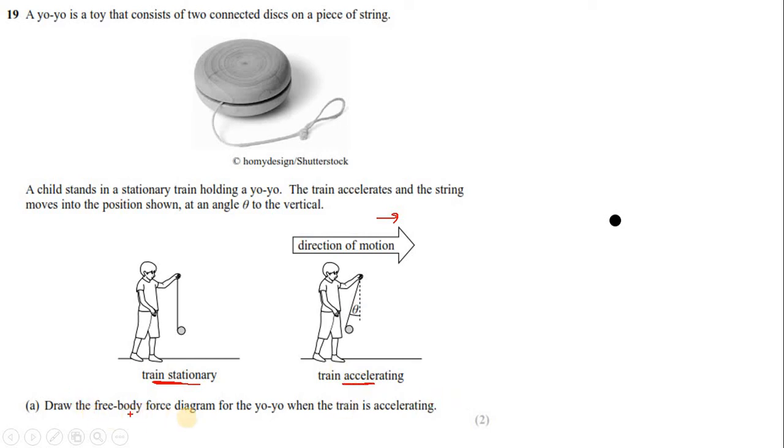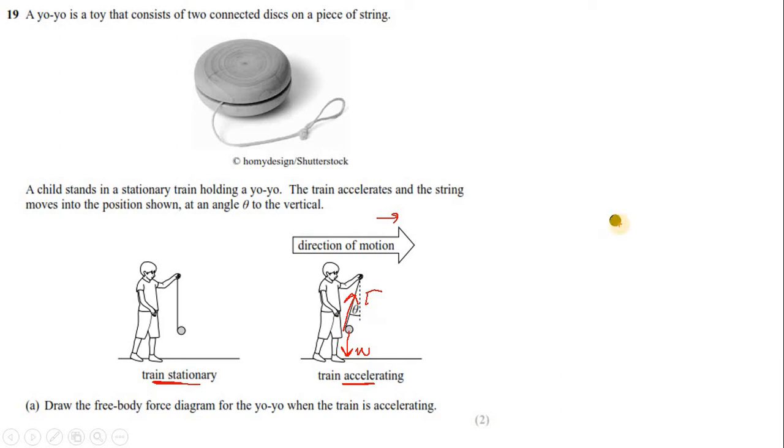So draw a free body diagram for the yo-yo. You know that this is the yo-yo. The weight of the yo-yo is acting downward. Weight is always acting vertically downward. And because the yo-yo is attached to the string, we have a tension T acting in the string. That means these are the two forces acting on our yo-yo.